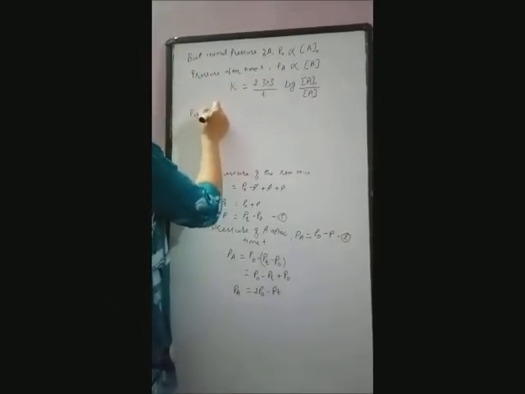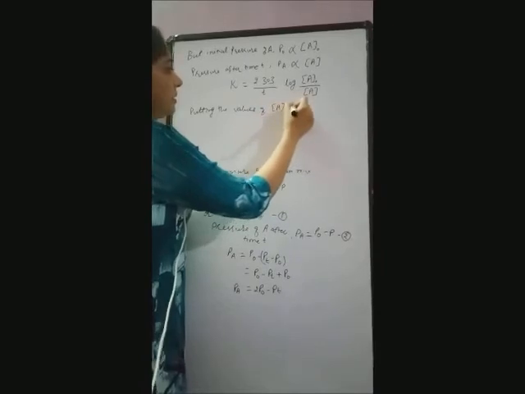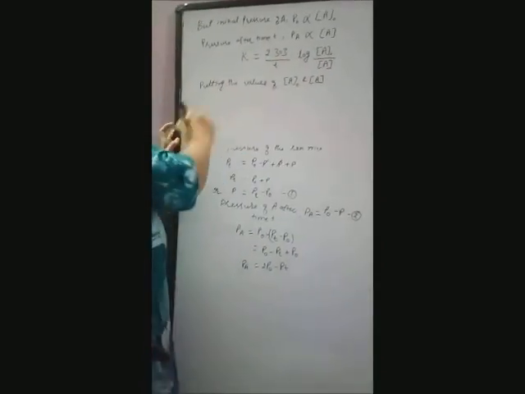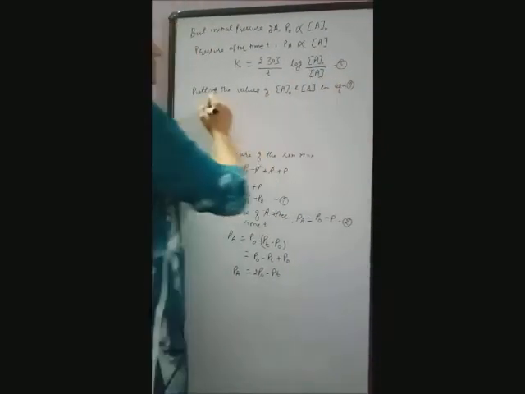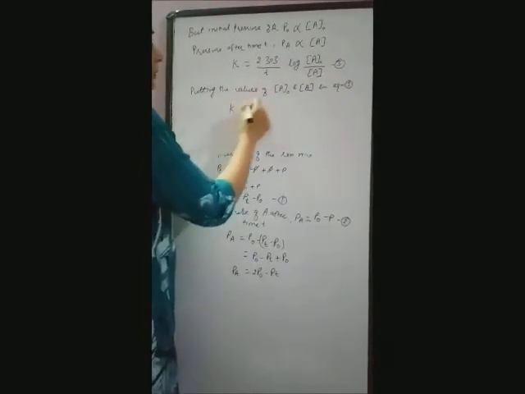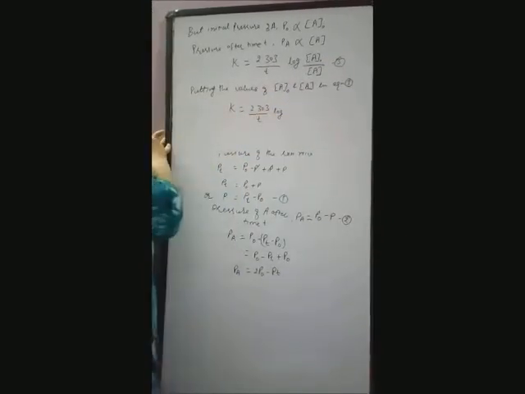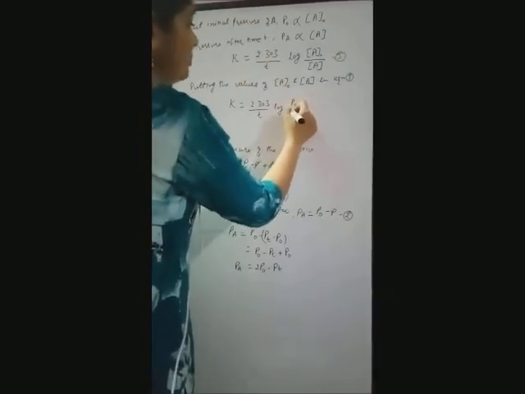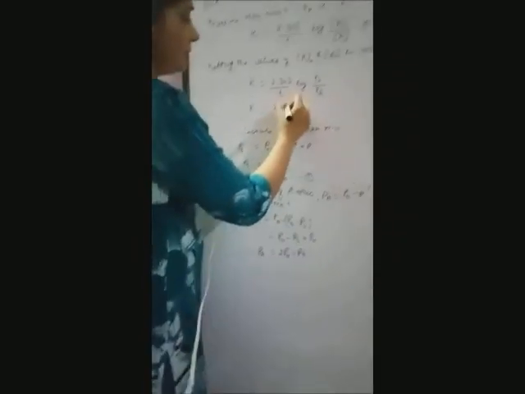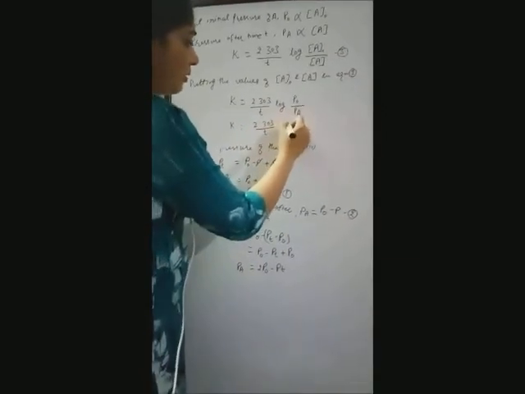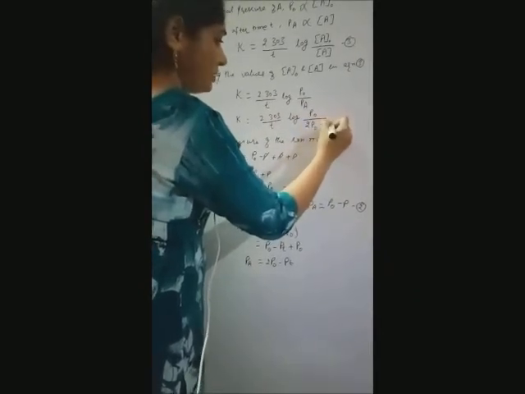Putting the values of A naught and A in equation 3, we get K is equal to 2.303 upon T log of P naught upon PA, or K is equal to 2.303 upon T log P naught upon 2P naught minus Pt.